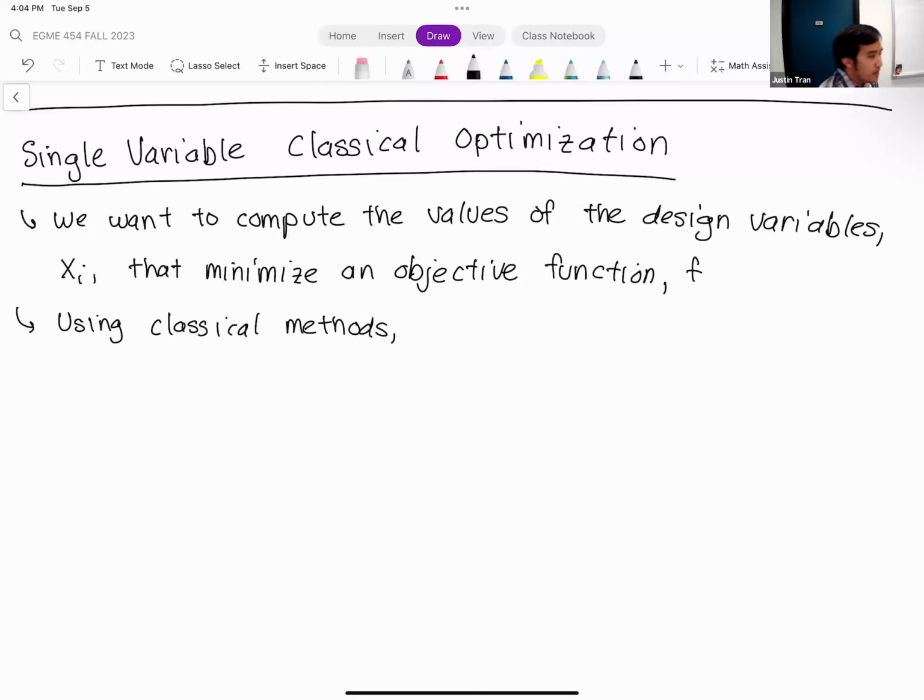Using these classical methods, we have to undergo 2 steps to solve an optimization problem, both in single and multivariable, but we'll focus on single variable. The first step is to take the derivative of the objective function with respect to the design variable, compute df/dx, and set it equal to 0.